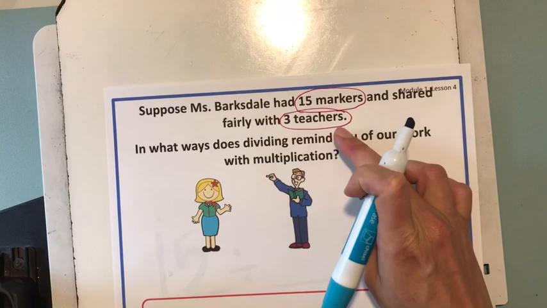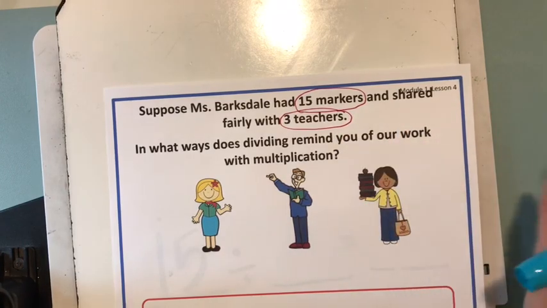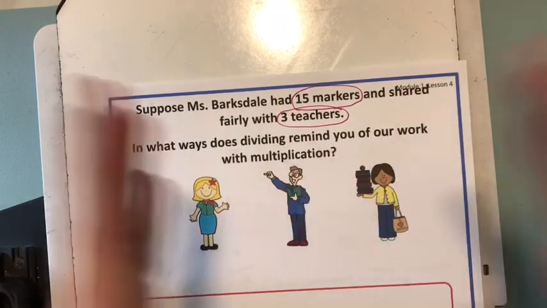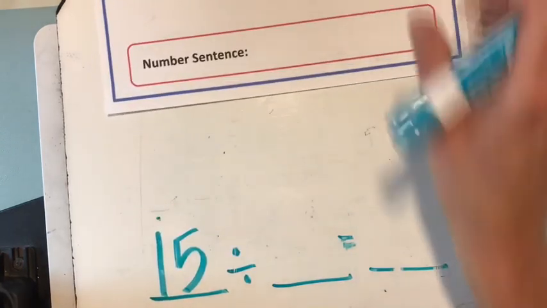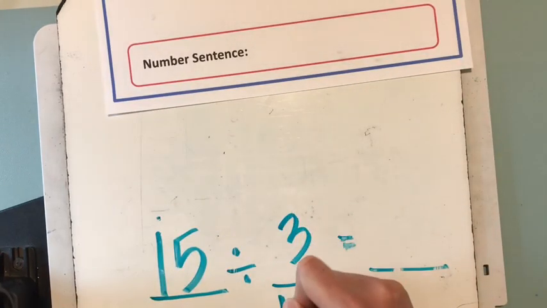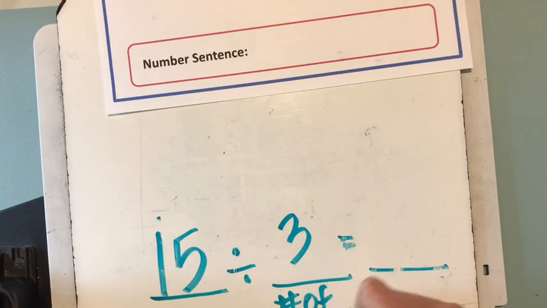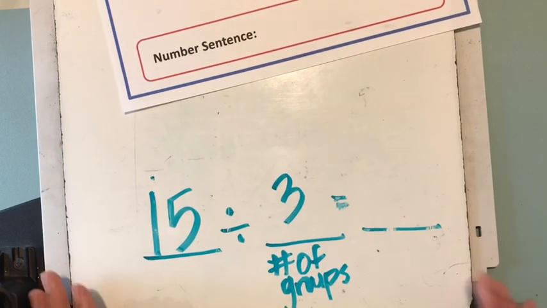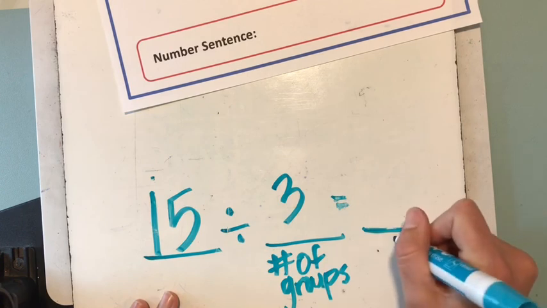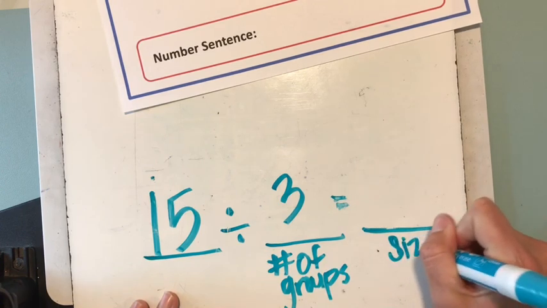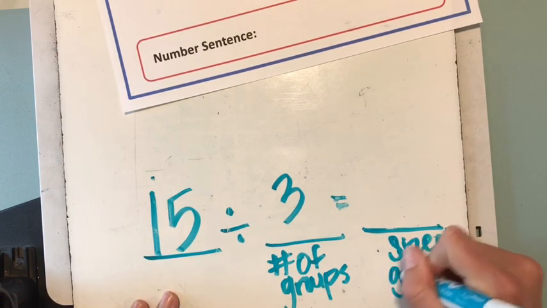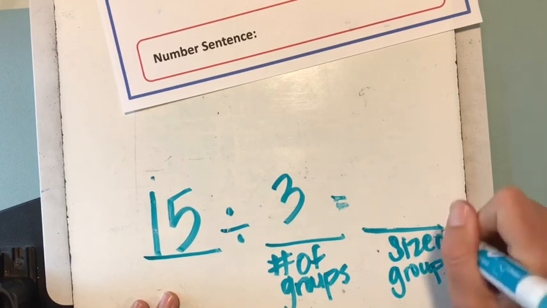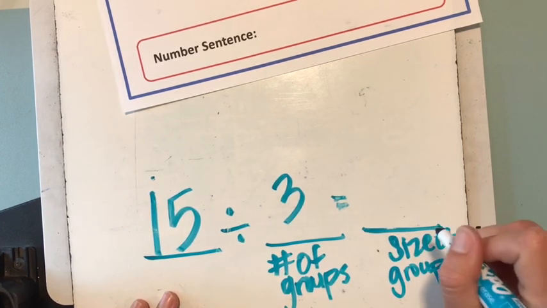How many people were they splitting between? She was sharing with 3 people, right? This was the number of groups. And we need to find the size of the group. How many did she share with us each?